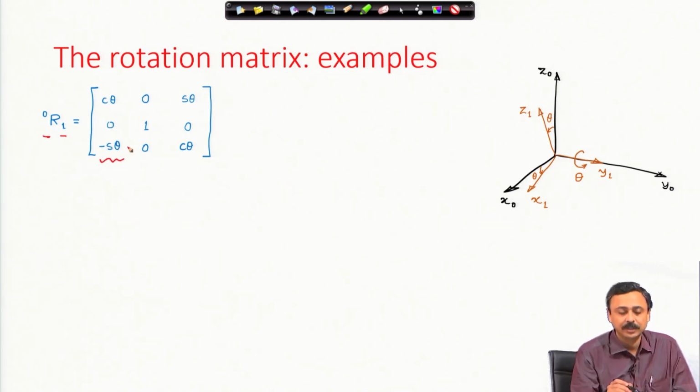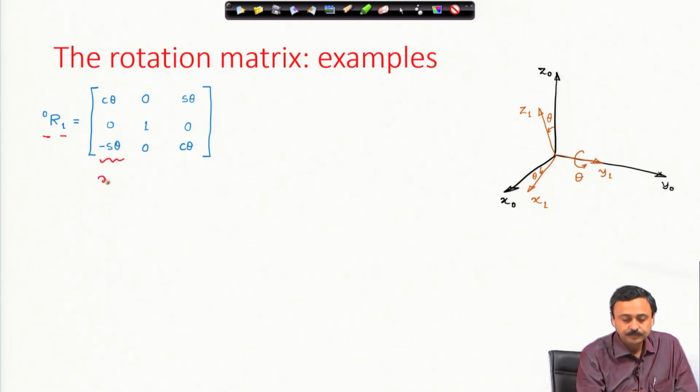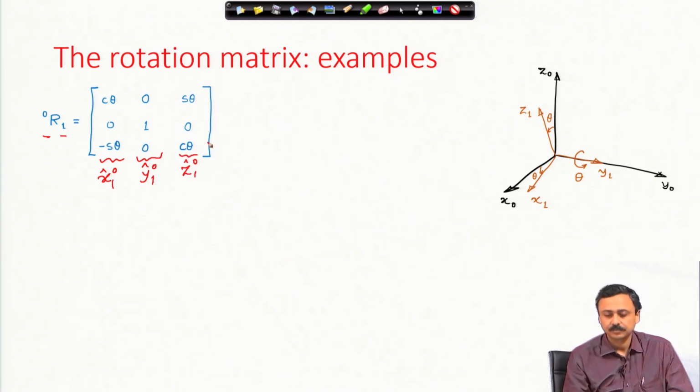This column is the representation of x 1 in x 0 y 0 z 0, this is the representation of y 1 in x 0 y 0 z 0, this is the representation of z 1 in x 0 y 0 z 0, and that you can check once again.